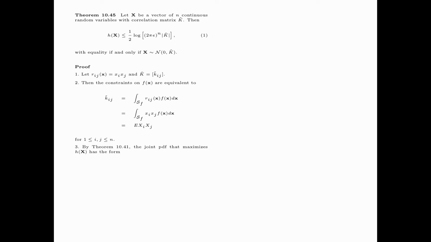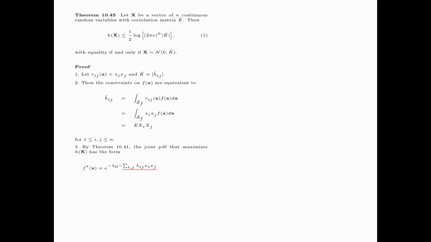Now by theorem 10.41, the joint PDF that maximizes the differential entropy has the form f star of x equals e to the power minus lambda_0 minus summation over all i and j, lambda_ij x_i times x_j, where x_i times x_j is R_ij of x.